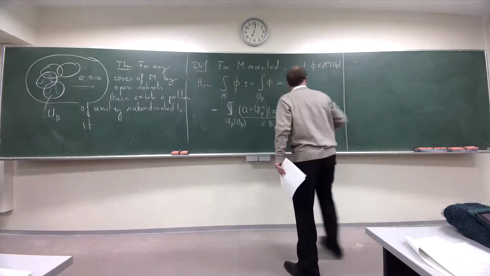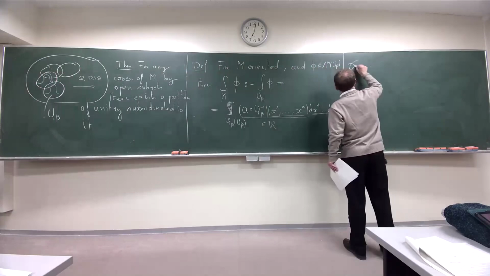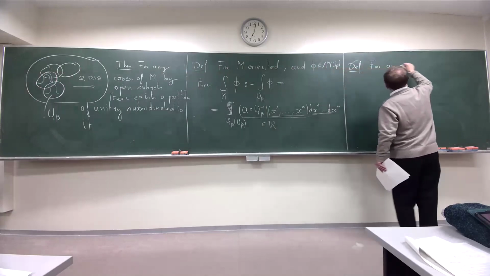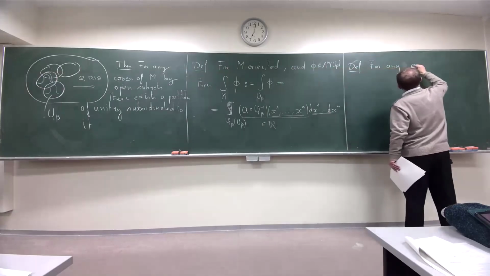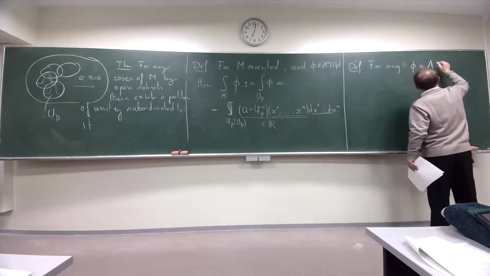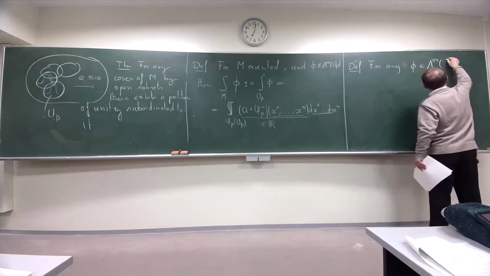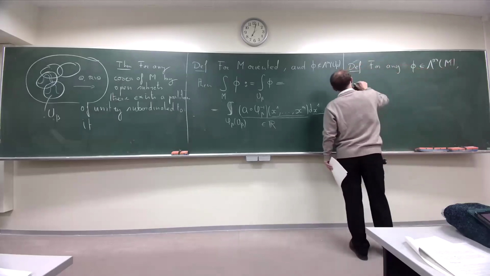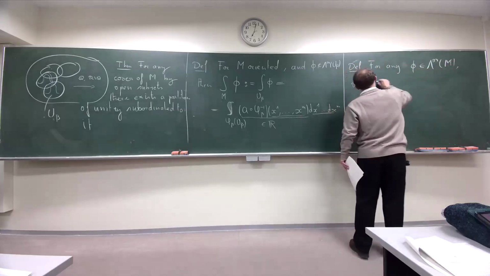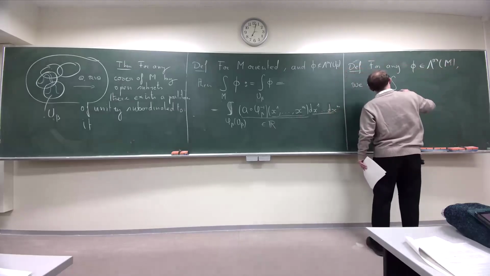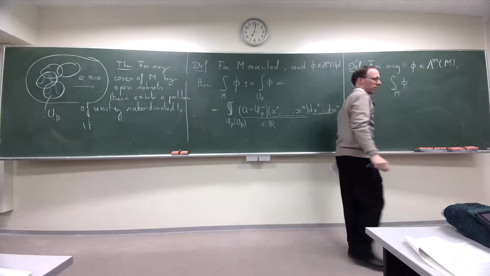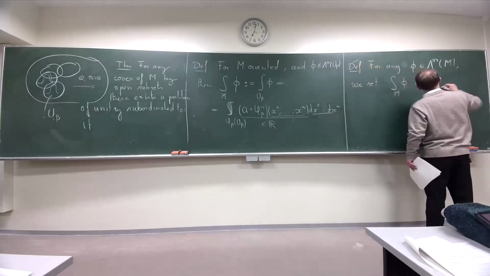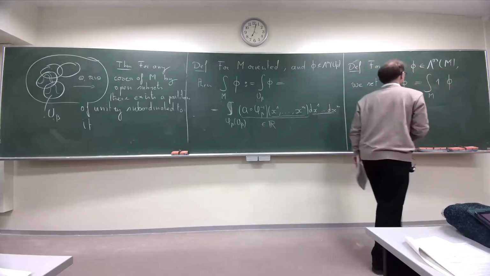So now I can call it a new definition: for any phi in this set of M-forms, we set the integral on M of phi to be the same as the integral on M of 1 times phi. I just add the number 1.